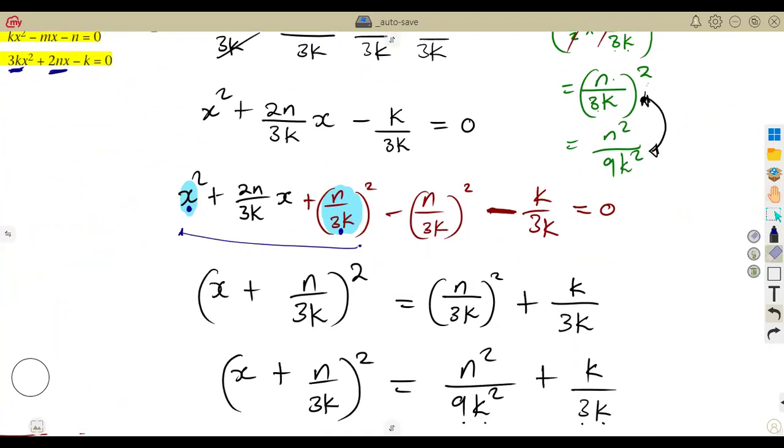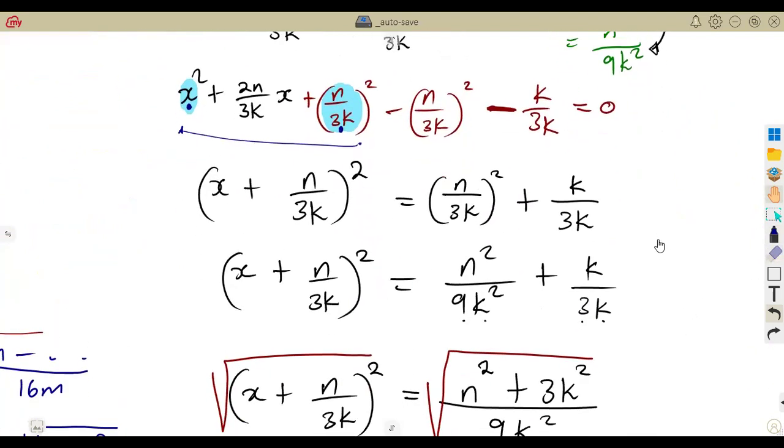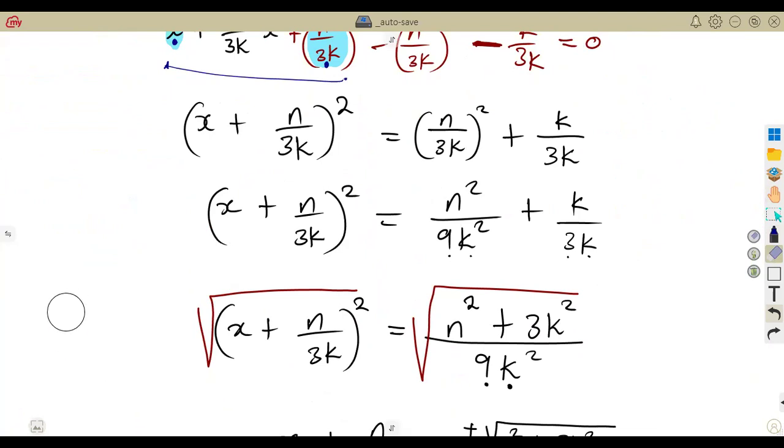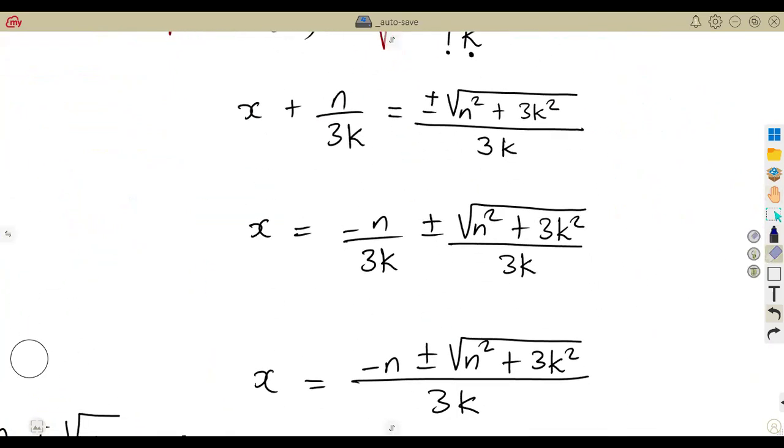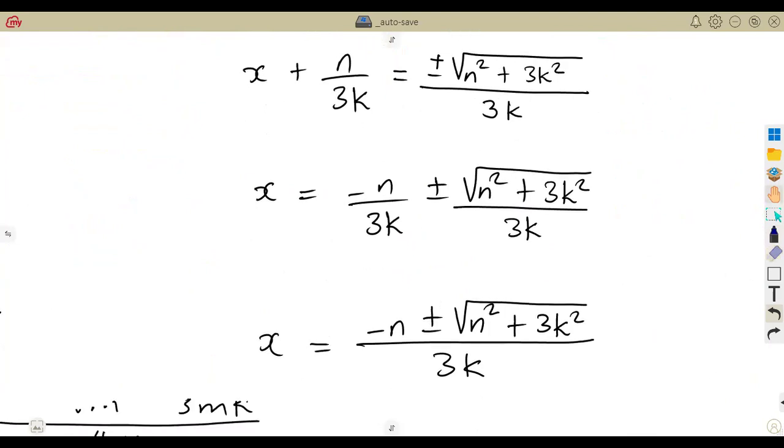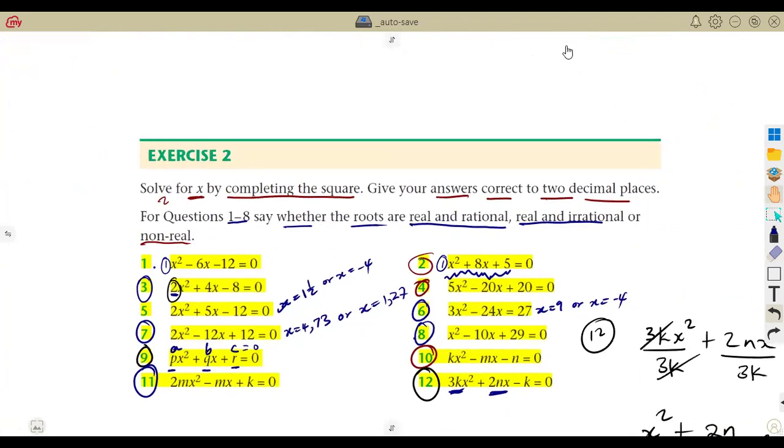So it is important to do as many topics as you can, and also to revise questions. Try to attempt question papers under this completing of the square method. Check questions which are under completing of the square method and see if you are able to attempt those questions. Where there's a challenge, it means you have to revisit and do as many revisions, till we meet again.